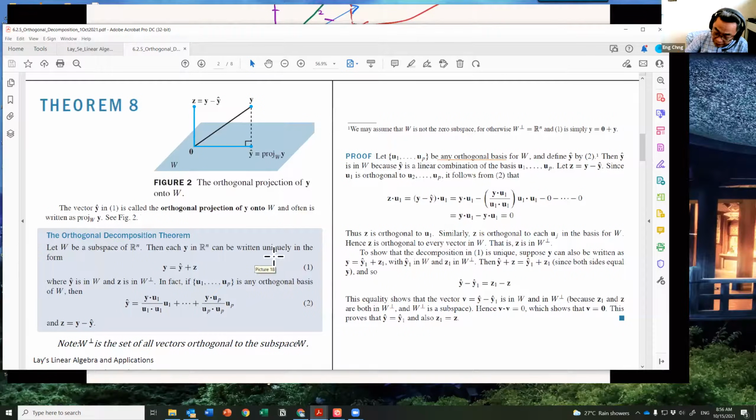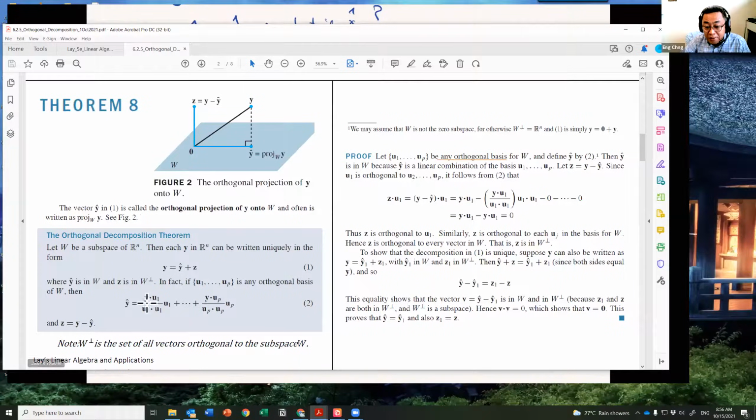Okay, so I will write the equation first, for our purpose. The equation is Y hat equals Y dot U1 over U1 dot U1 times U1 plus Y dot U2 divided by U2 dot U2 times U2.